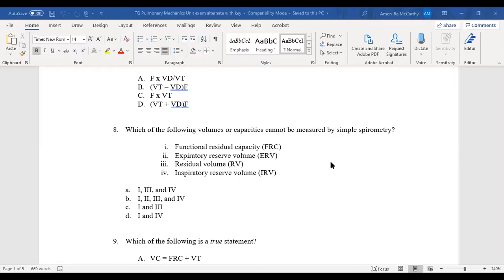In order to measure the residual volume, you have to be in a PFT study and sitting in the body box. So anything that's got to do with RV cannot be done at the bedside. So the only choices with this will be number 1, which is the FRC, because the RV is part of the FRC, right? And then RV. So 1 and 3. I couldn't test those two on simple spirometry. Good.